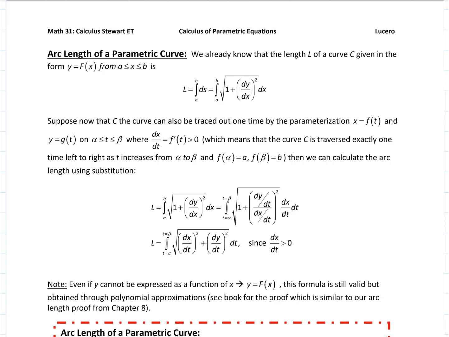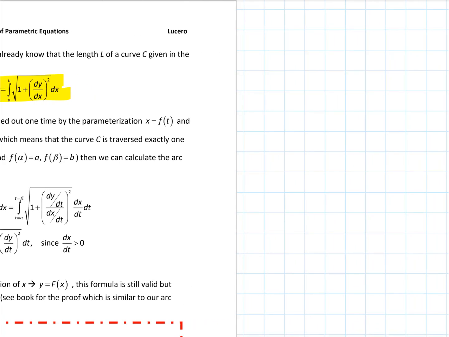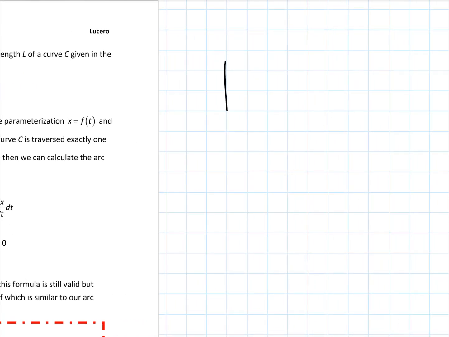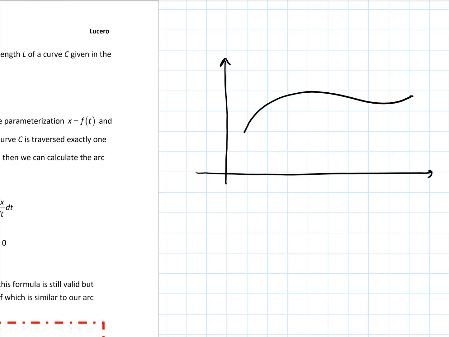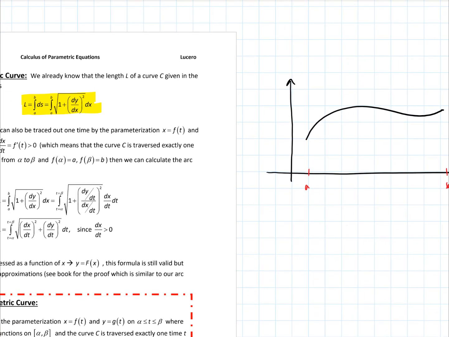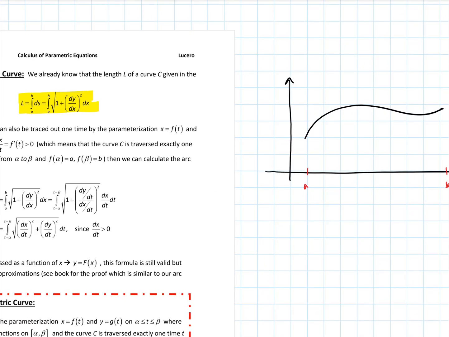And so just again, remembering what the arc length of a curve is: if we have a curve y equals f of x, and we want the arc length of that curve, we did a whole calculation, broke that into line segments, used our distance formula, and came up with a formula for the length of this curve from A to B.